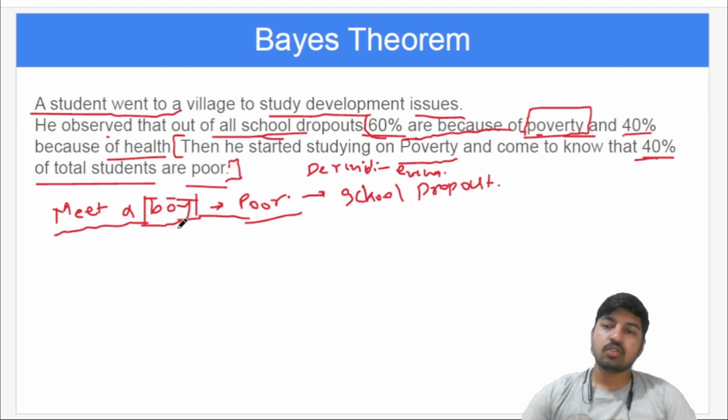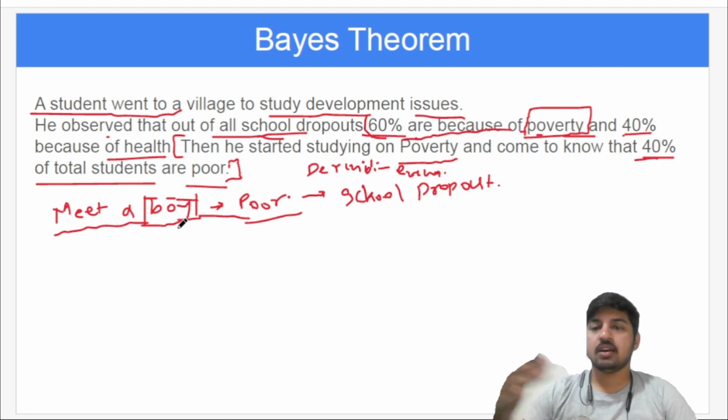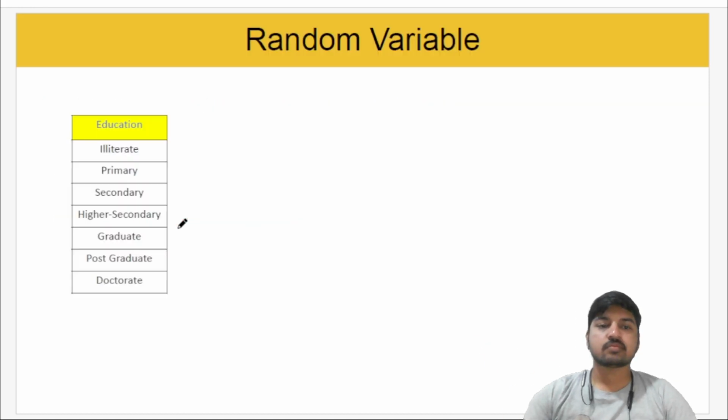Okay, so this was covered until last week, and now we will move to another arena of probability distributions, which is somewhat beyond this. So now I have a variable, and the variable name is education. Suppose you have gone for a survey and you are collecting socioeconomic data.